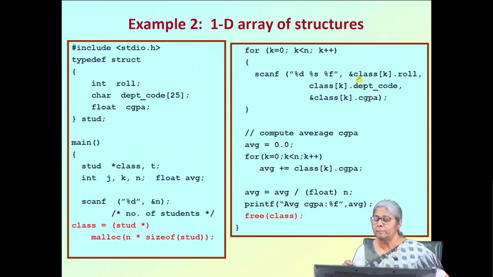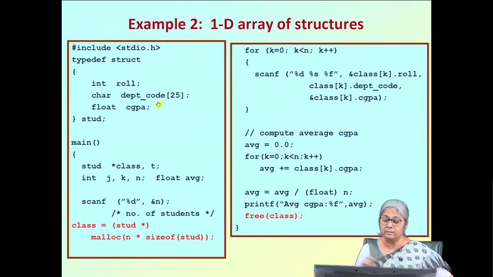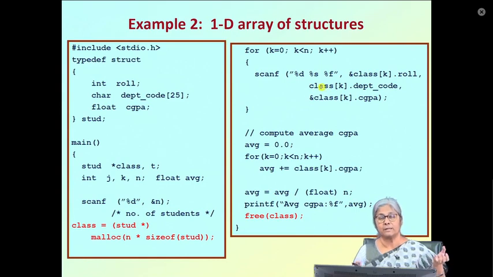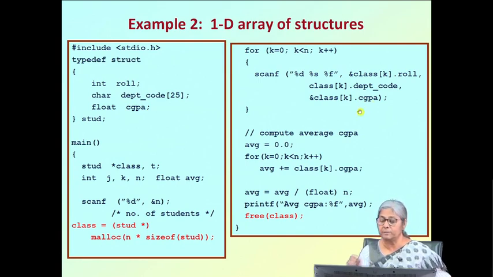So, it is ampersand class k dot roll, then class k dot department code, because it is an array, ampersand is not required, because the name of the array is actually the address, that means address of the first element, that is why ampersand is not given here, and ampersand class k dot CGPA. Okay.